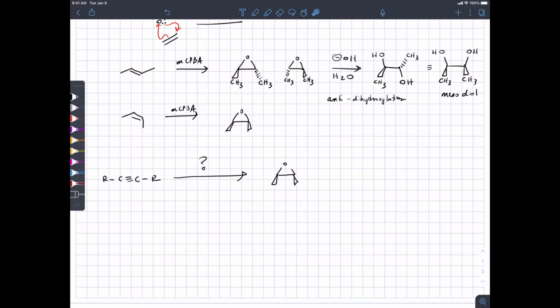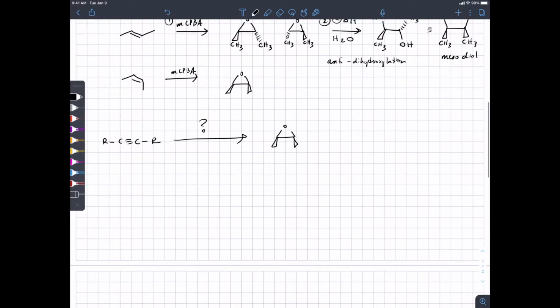Anti-dihydroxylation just refers, you remember syn and anti before with the alkene addition reactions? This two reaction series, making an epoxide and opening it, gives you the product you would get conceptually if you added two OH groups on opposite sides of an alkene. All right. So that's hard. That's an easy issue to get confused on, so that's worth practicing.